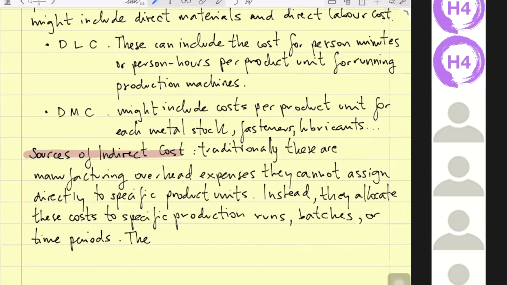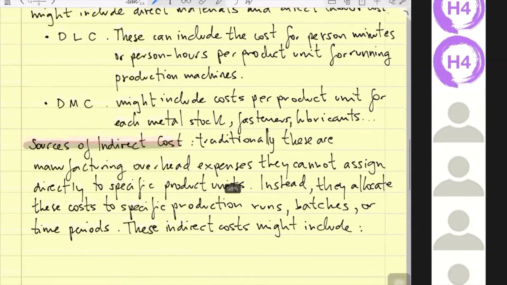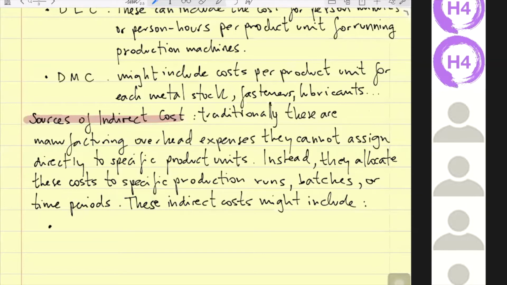This indirect cost might include material purchase order costs.